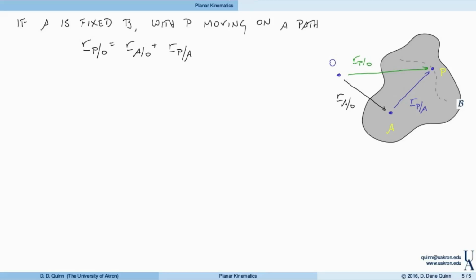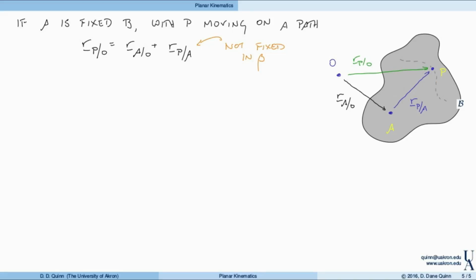But now, this last vector is no longer fixed in the object. Instead, it changes, even when expressed in the object.